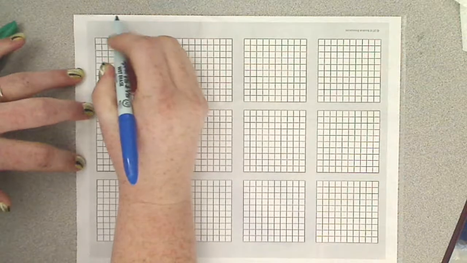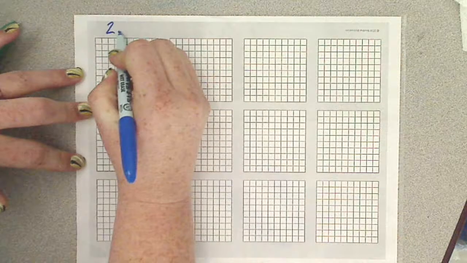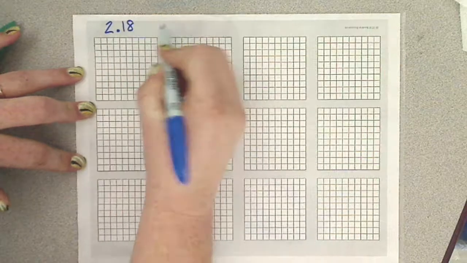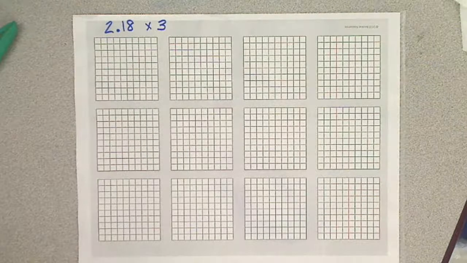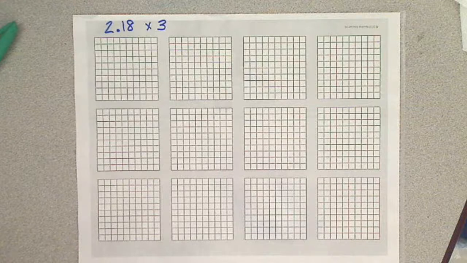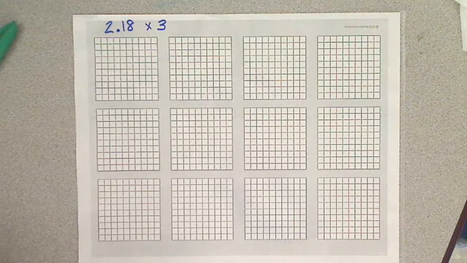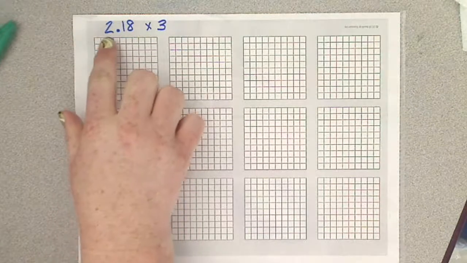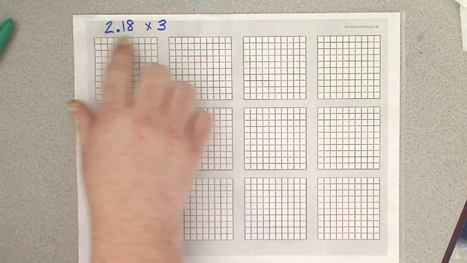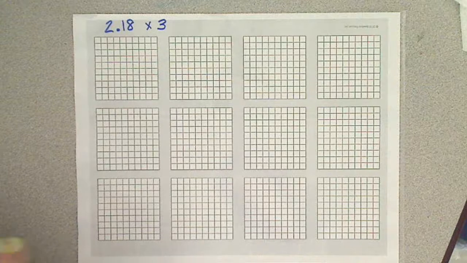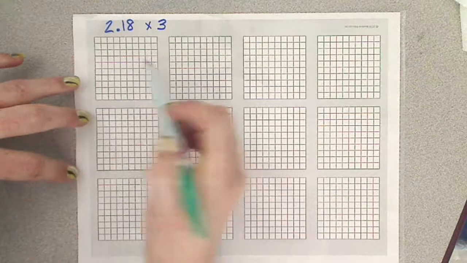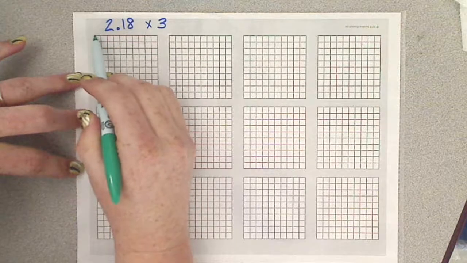I need to multiply 2 and 18 hundredths times 3. So just like we did the first time, we need to color in our factor however many times that we've got it. Now, I'm not going to waste my vis-a-vis marker, so I know that I need 2 wholes.